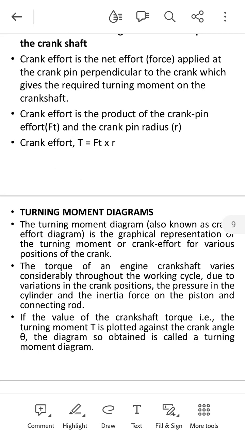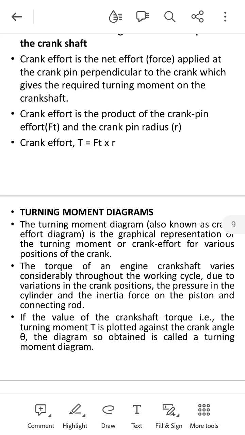The torque of an engine crankshaft varies considerably throughout the working cycle due to variation in the crank positions, the pressure in the cylinder, and the inertia force on the piston and the connecting rod.